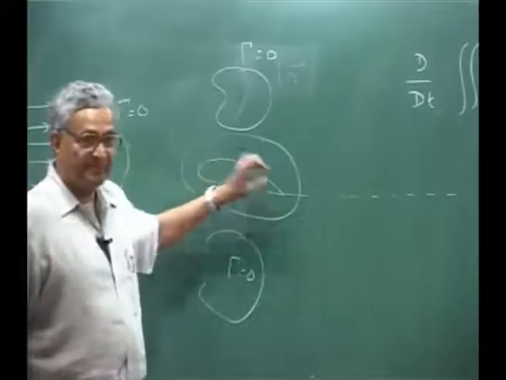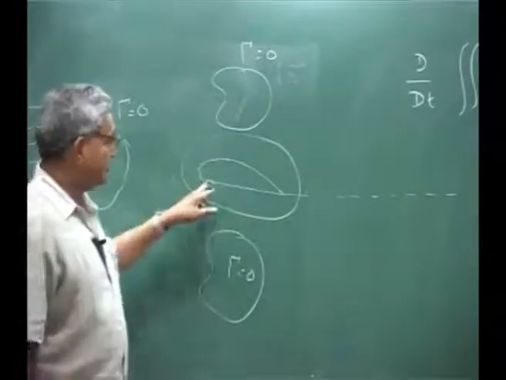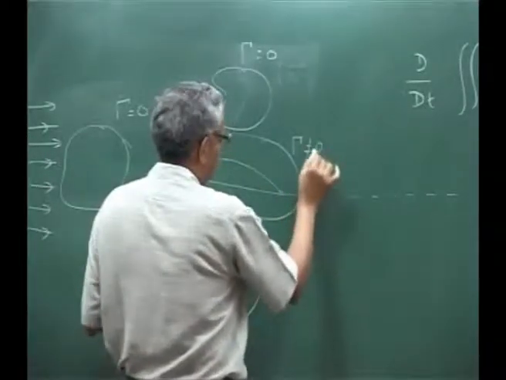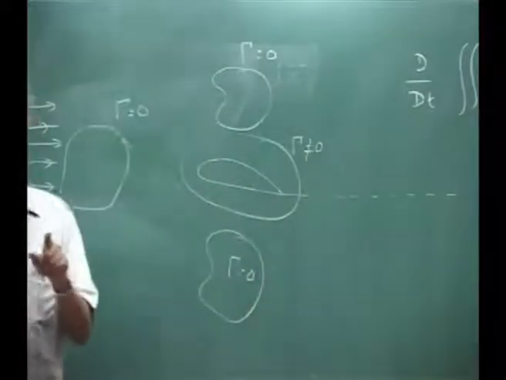Okay. This is squeezing into a boundary. Now here you can have gamma not 0.